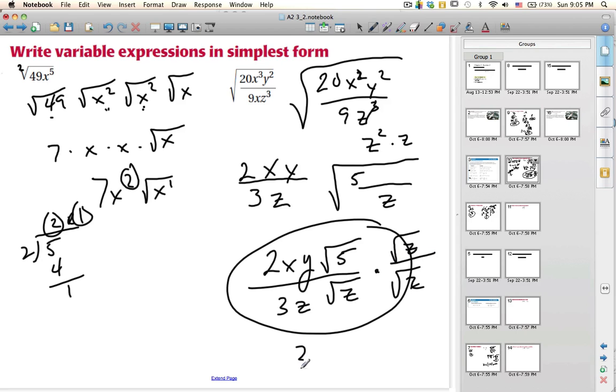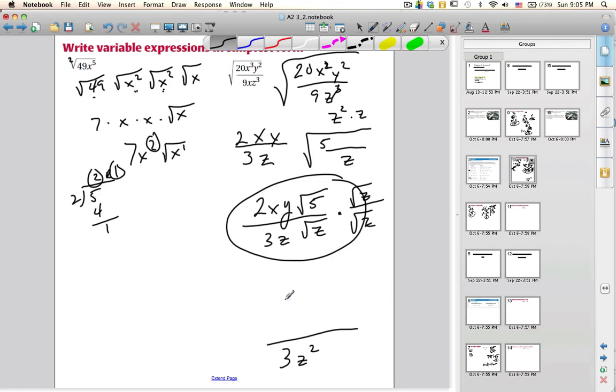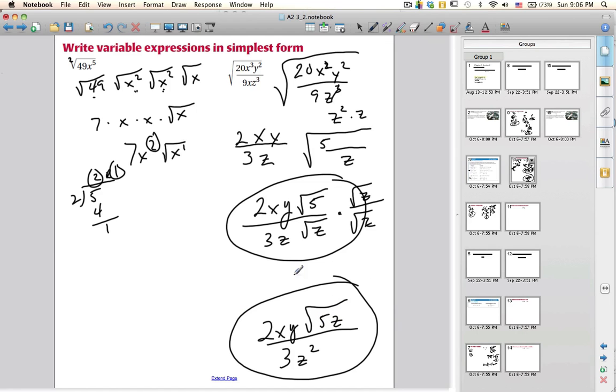And then I'll end up with 3z squared in the denominator. And in the numerator, I'll have 2xy, but radical 5 times radical z would be radical 5z. Now I'm fully simplified. So I started and realized, oh, no, wait. I can't have a radical in the denominator of a fraction.